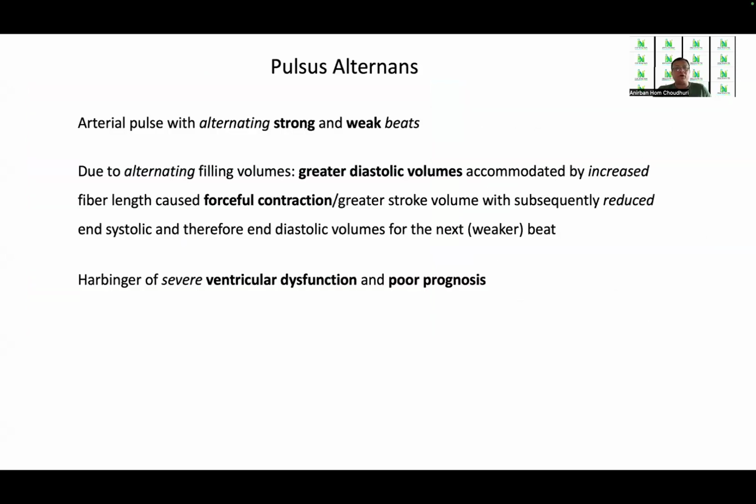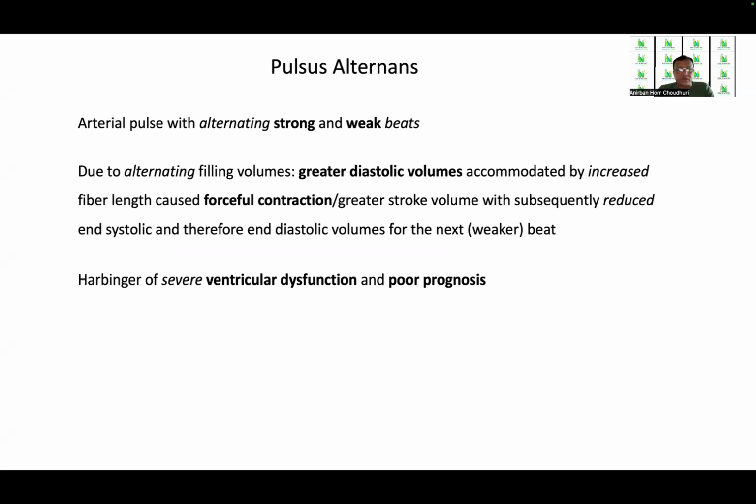So this is nothing but a pulsus alternans, because here alternate strong and weak beats are pulsating. And this is because of alternating filling volumes. Greater diastolic volumes accommodated by increased fiber length cause more forceful contraction and greater stroke volume, and subsequently, with reduced end systolic and therefore end diastolic volume in the next beat, there are weaker forces giving rise to this weak pulsation.